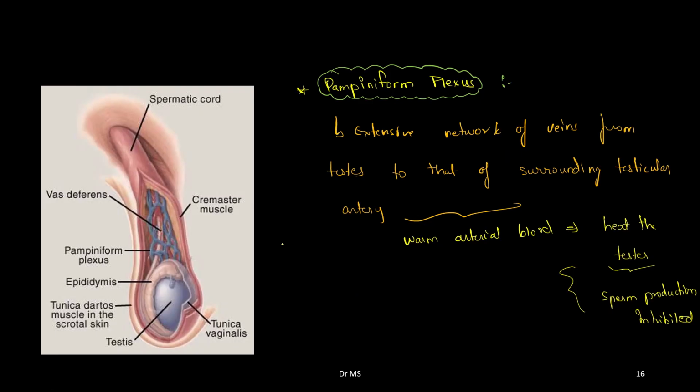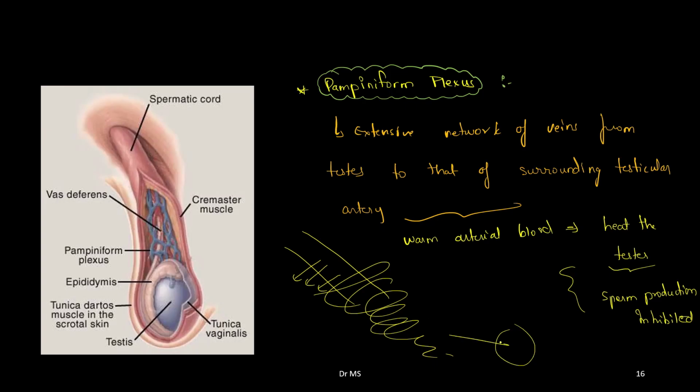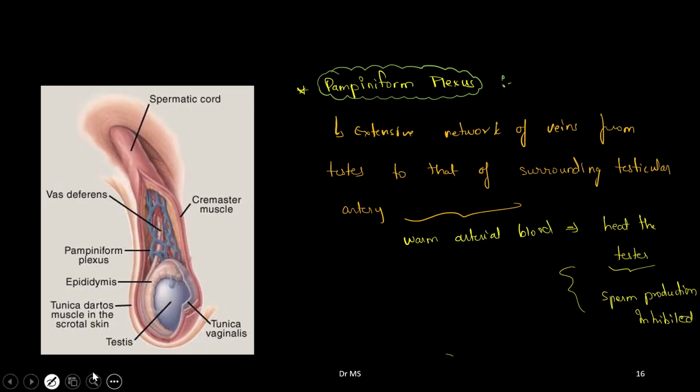Suppose you are getting warm water from this tube. What will you do? You will surround it with a cold cloth or with cold water pipes. All that warmth will be absorbed by the cold pipes or the cold cloth, so what reaches the final destination will have cooled down. The same thing happens here.